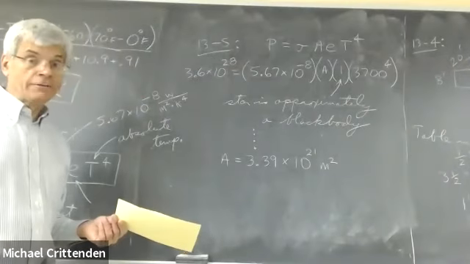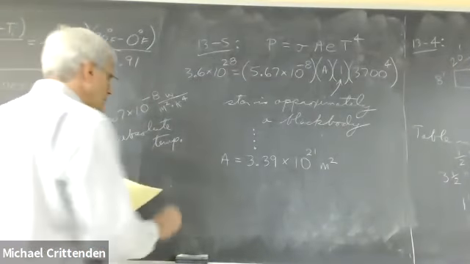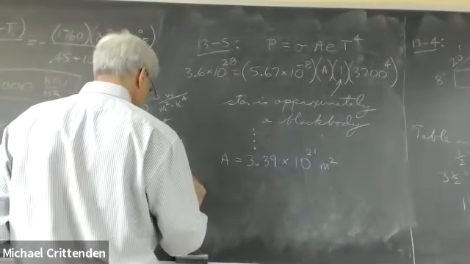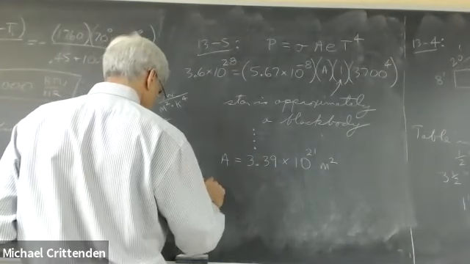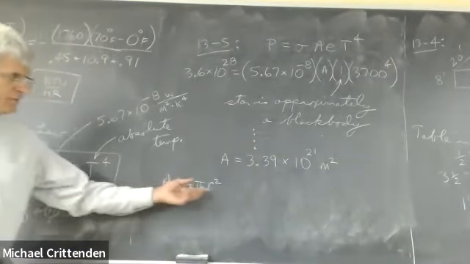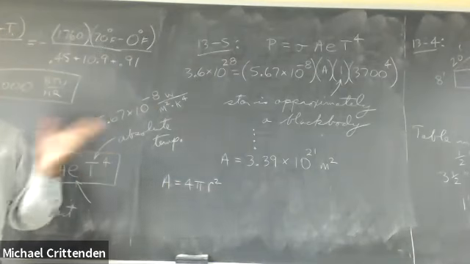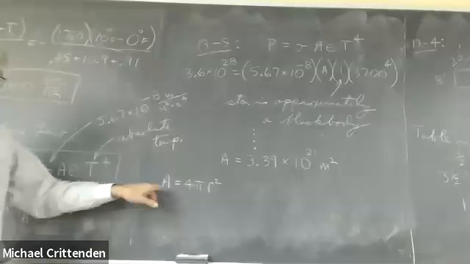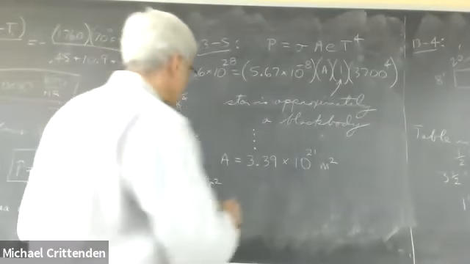Stars are spherical. Surface area of a sphere, and if you ever need one of these types of equations, it's on one of the back pages of your formula sheet. Surface area of a sphere, 4 pi r squared.